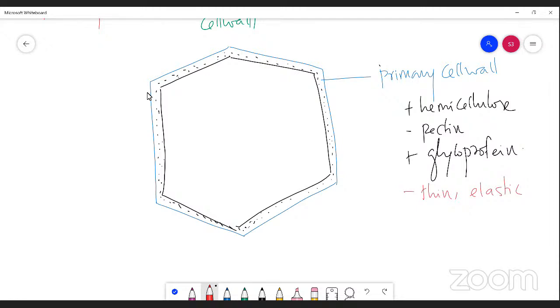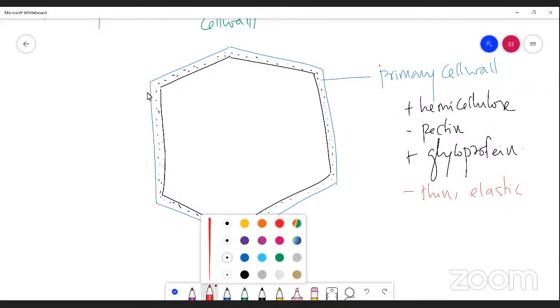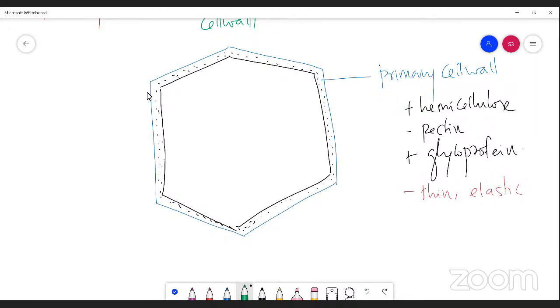This primary cell wall is found in some cells, like parenchyma cells and meristematic cells.